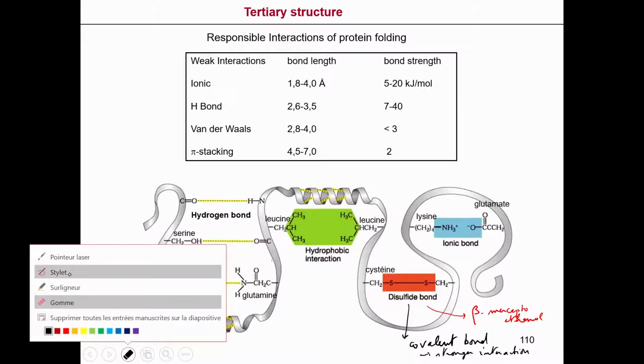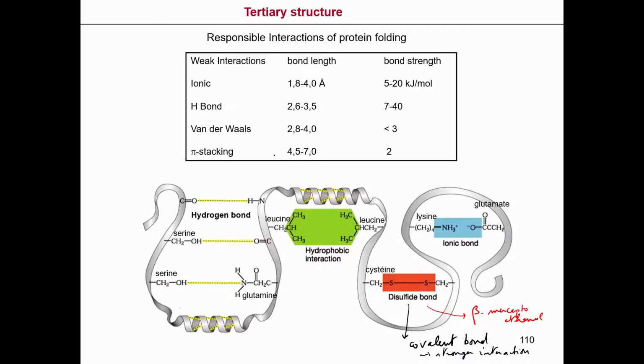It's like a hydrophobic interaction and van der Waals interaction. It's the same kind of interaction, but the pi-stacking, it's because you have aromatic ring which stack together, and you can have interaction between them.